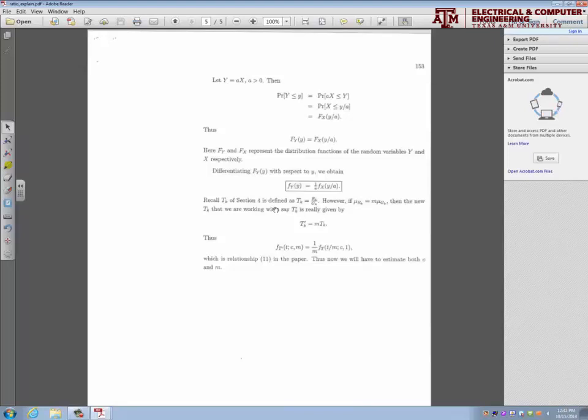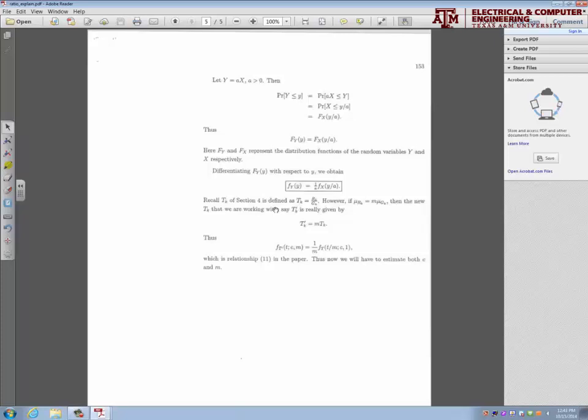To calculate the distribution function, the probability that Y is less than or equal to little y is the probability that a times X is less than or equal to little y, which is the same as the probability of X less than or equal to y over a. So you get the distribution function of X evaluated at y over a.